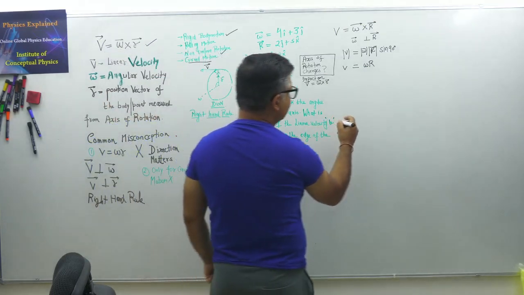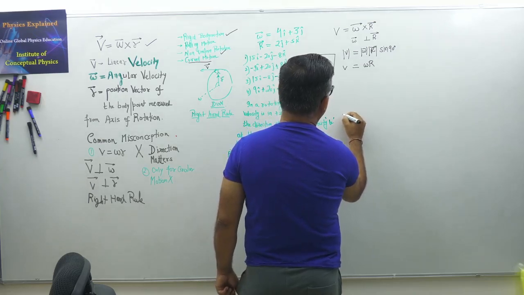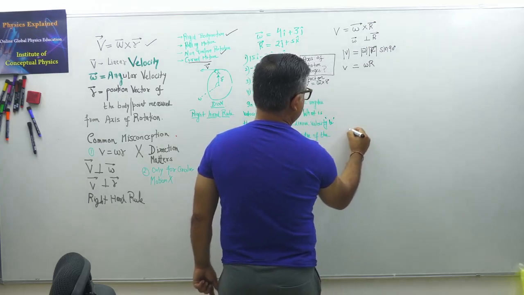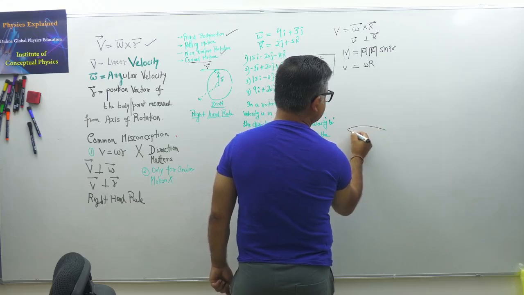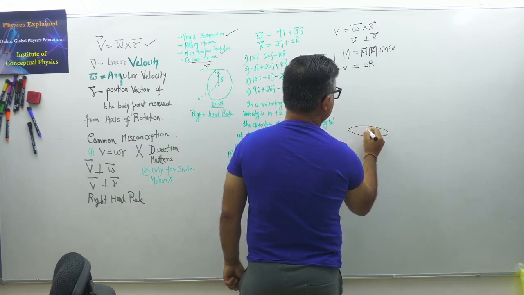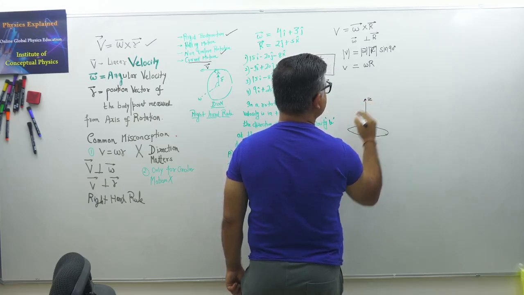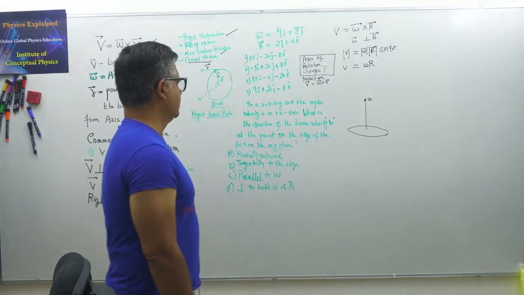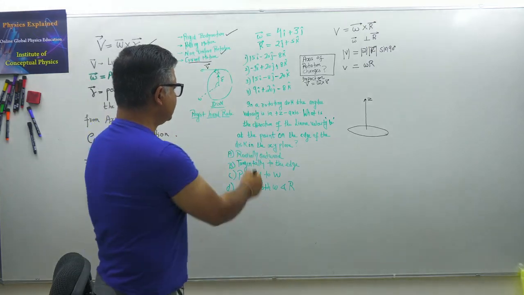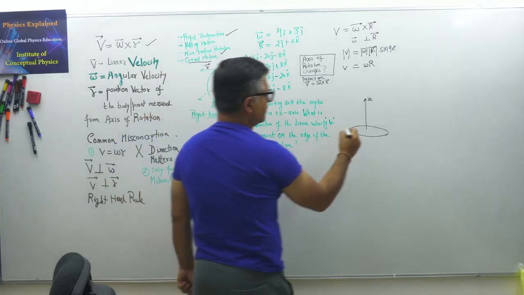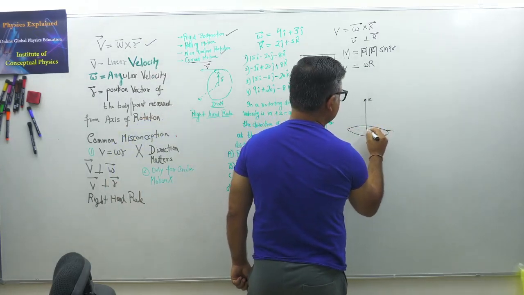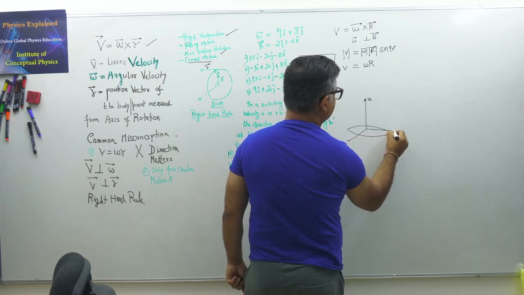So I will draw the disk here. This is my disk. The angular velocity is in the z axis. The disk is in the xy plane.